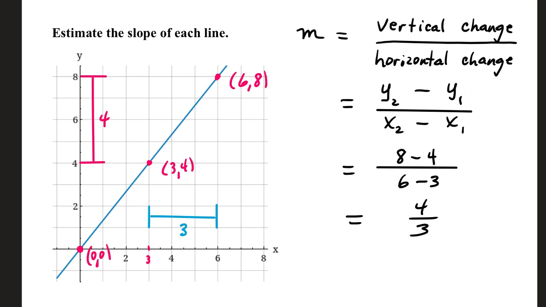In our problem, it was 8 and 4, so we had 8 minus 4, and then subtracting your x's in the same order. And since we calculated 8 minus 4 for the vertical change, we have to calculate 6 minus 3 for the horizontal change, giving us a ratio of 4/3.